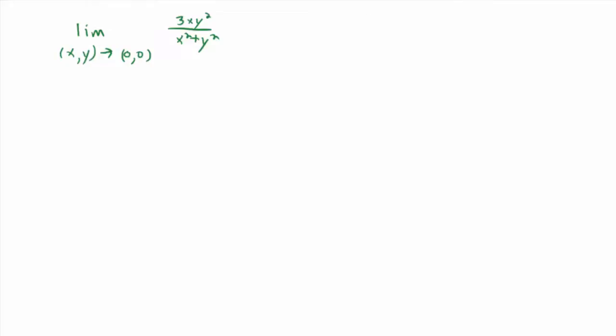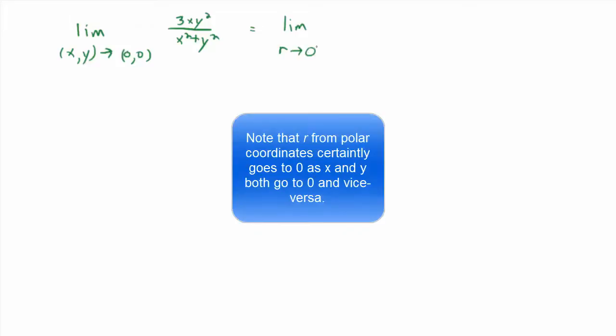I don't know about you, but I don't want to use the epsilon delta proof if I can avoid it. So the way I'm going to show you that this limit equals 0, I'm going to use a trick. Do you remember polar coordinates? I would claim that this is the same thing as saying the limit as r goes to 0.